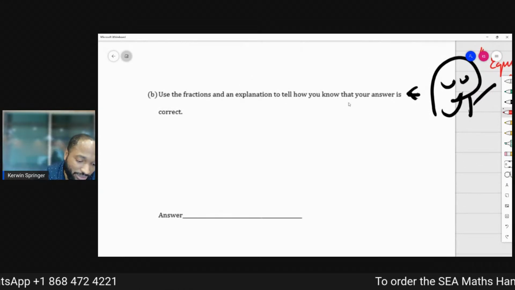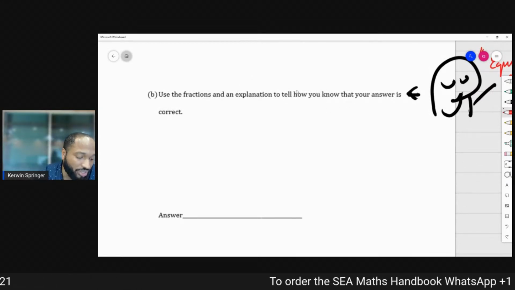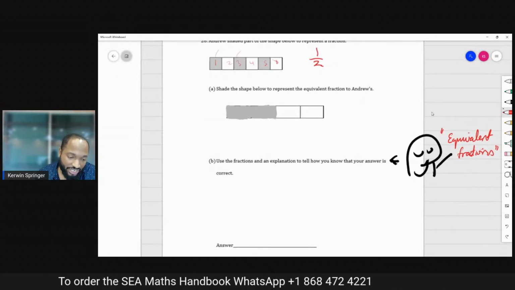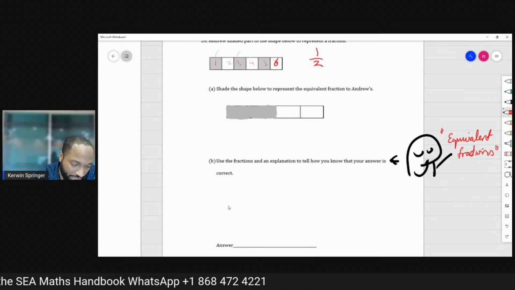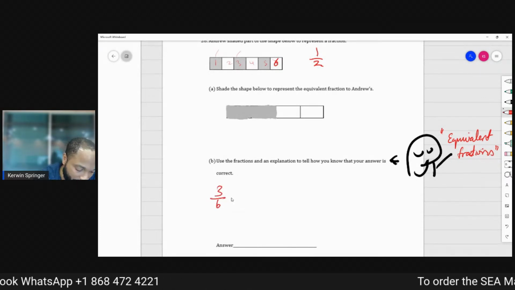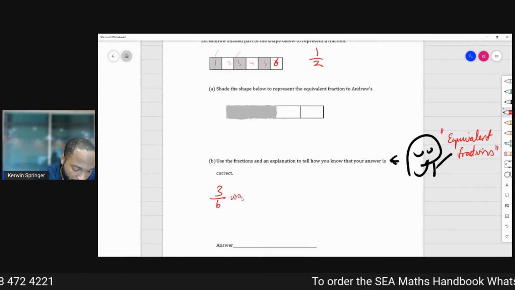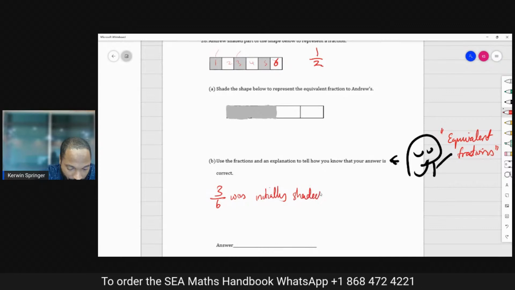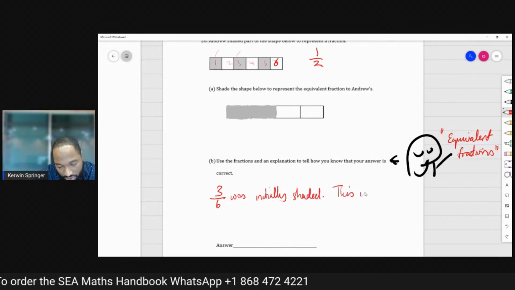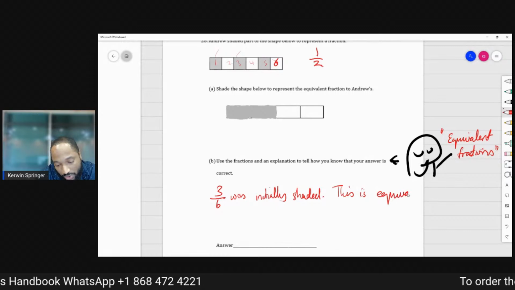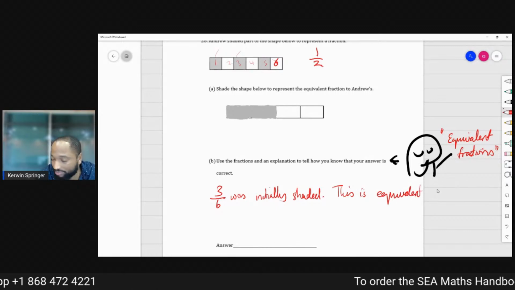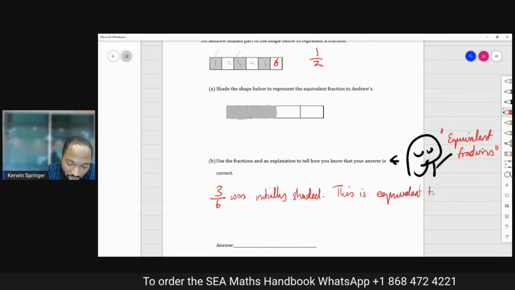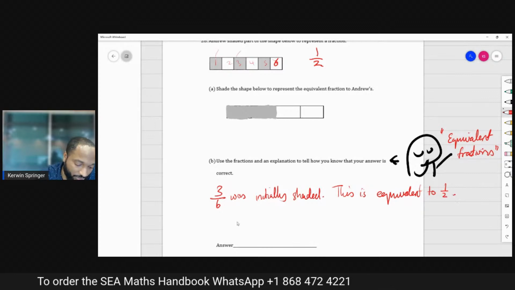Use the fractions and an explanation to tell how you know, you want to use equivalent fractions. So I know that he initially shaded 3/6. This is equivalent, that's a beautiful word to put out on them. When they see that word, they can say, this girl knows what she's talking about. 3/6 is equivalent to 1/2.